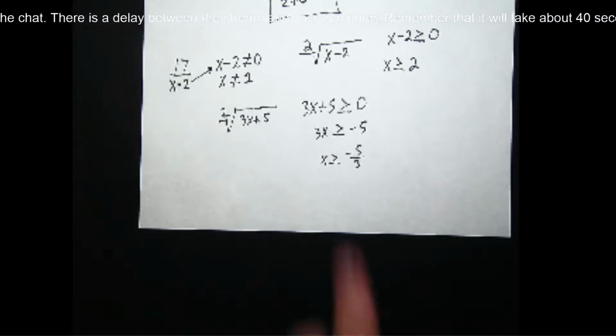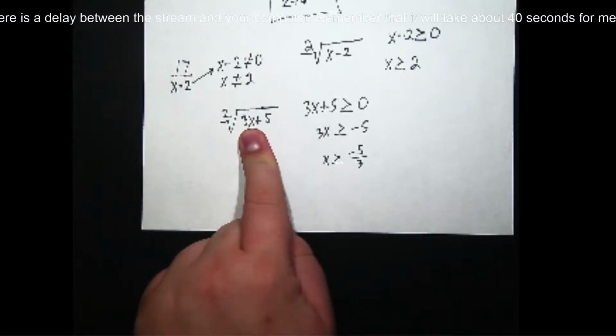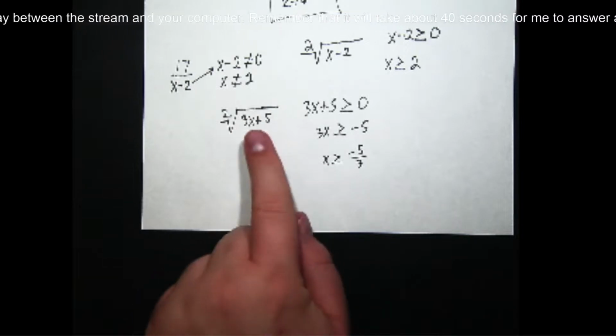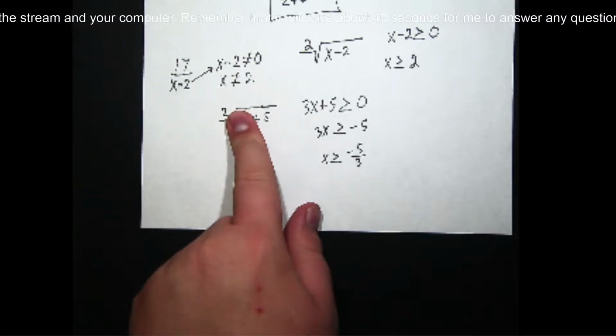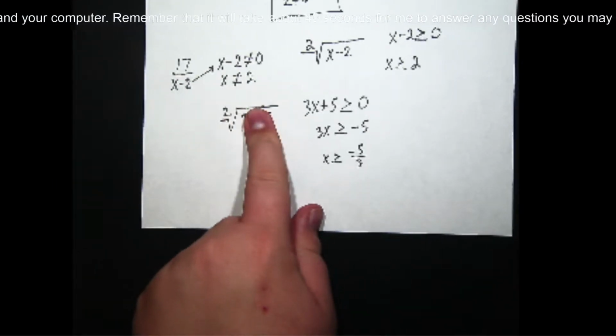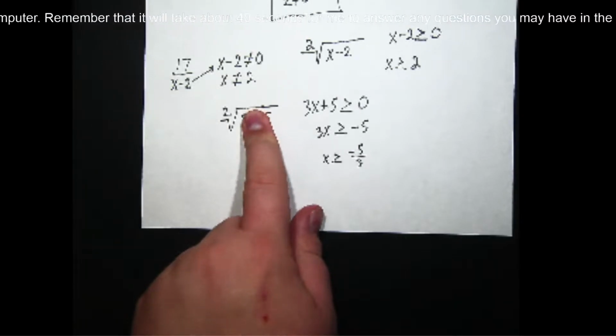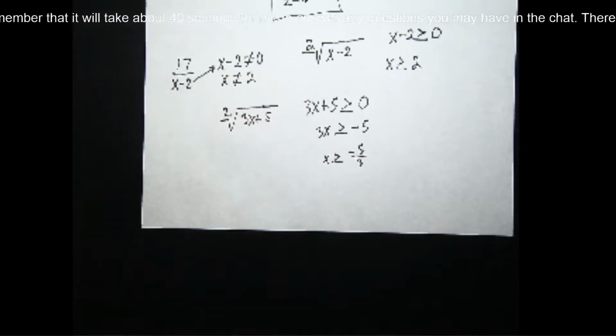If we plug that in for x, of course the 3's cancel and we're left with negative 5. Negative 5 plus 5 is 0. It's fine to have 0 in there. But if we go below that, if we go lower than that, then it's not going to work. We have to be greater than or equal to negative 5 over 3.